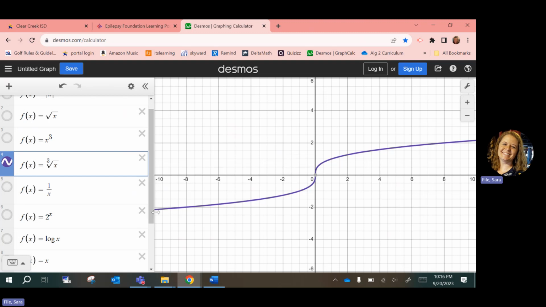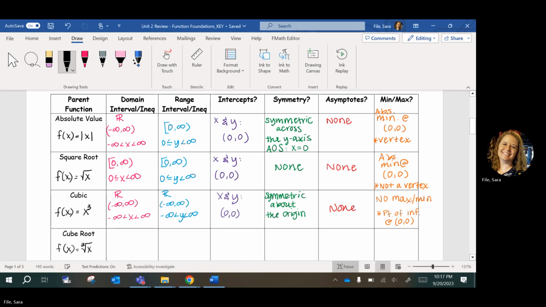It still goes left and down forever, right and up forever, just at different rates. So domain and range are still all reals, intercept still the same, point of inflection still the same. Symmetry is still the same. If I held it down here at the origin and rotated it 180, it would look exactly the same. So everything in the cube root function is actually the same as the cubic function.